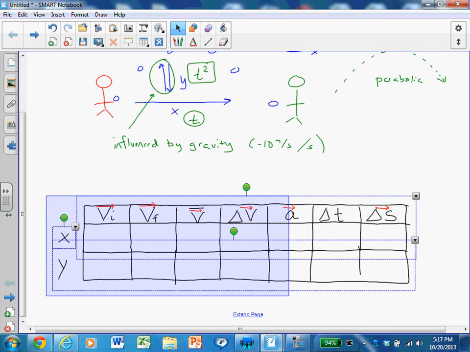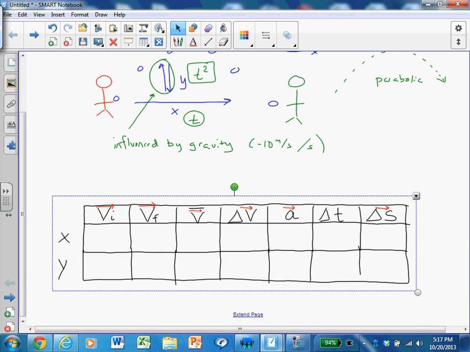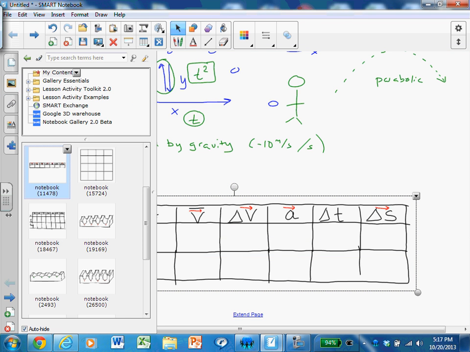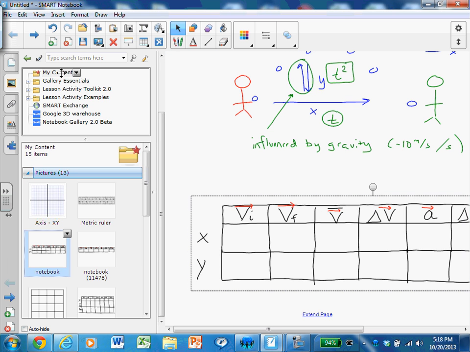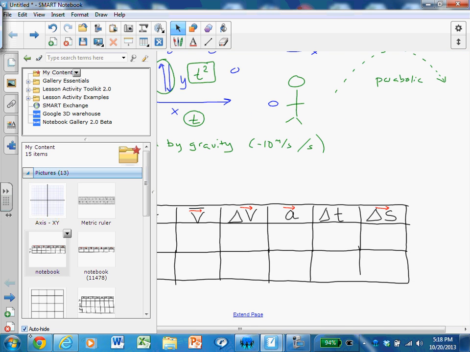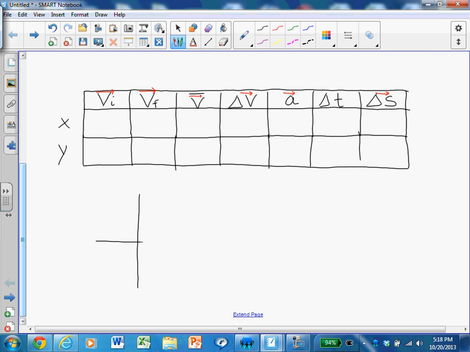This will be our new really good chart for the first part of this topic. We'll add this to our content as well. Okay, so we make use of that, but we'll consider these separately. We'll consider the movement in the x direction and in the y direction, and we'll break those apart separately. So we take plus x and plus y, minus y down, minus x to the left.